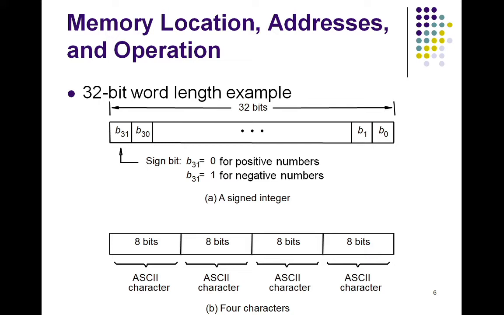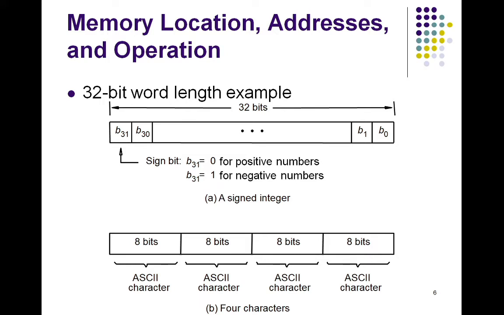A unit of 8 bits is called a byte. As you can see, 8 bits, 8 bits, 8 bits, 8 bits. So in total it is a 32-bit word length. If your computer is of 32 bits, then you can say that the word length is 32 bits. A collection of 8 bits is known as a byte here.